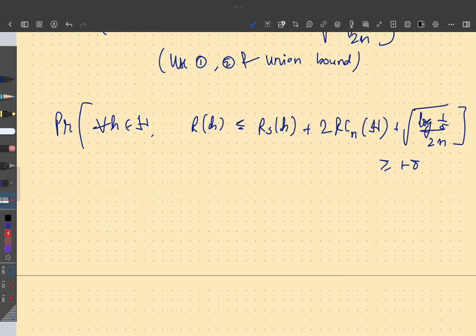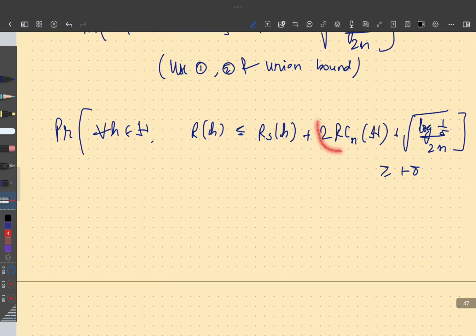But the problem with this approach is that in general, the Rademacher complexity is very hard to compute. In fact, there are results which show NP hardness of computing the Rademacher complexity. So that's why we have to resort to something much simpler. As you can see, the Rademacher complexity depends on n also. It's not something that's easy to compute.